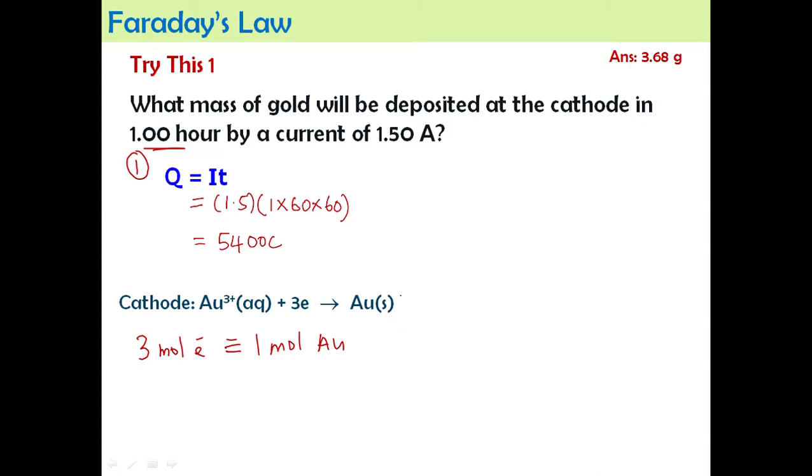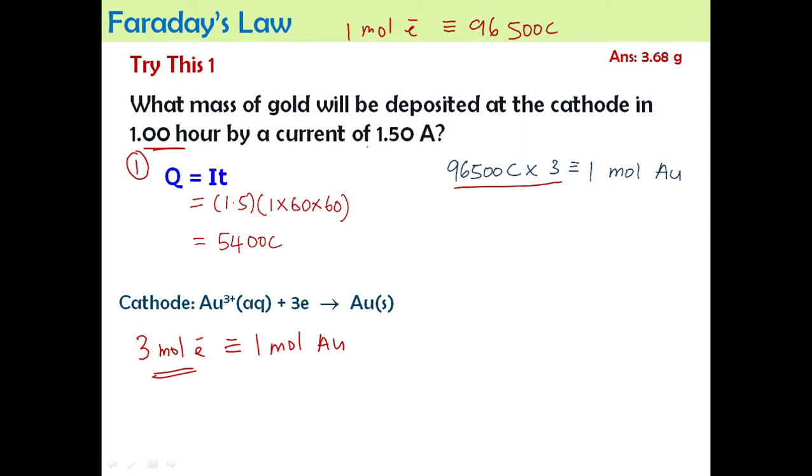Okay, jadi daripada relationship of the Faraday's constant, iaitu 1 mol electron akan carry 96,500 coulomb. So, kalau kita guna 3 mol of electron, means this coulomb must be times with 3. So, kalau supply charge sebanyak ini akan menghasilkan 1 mol aurum.